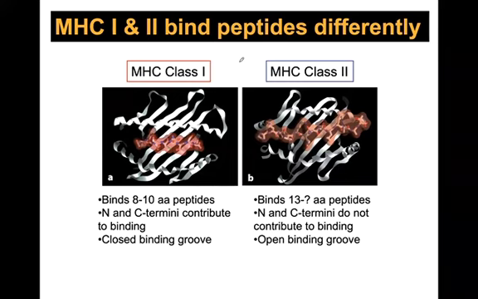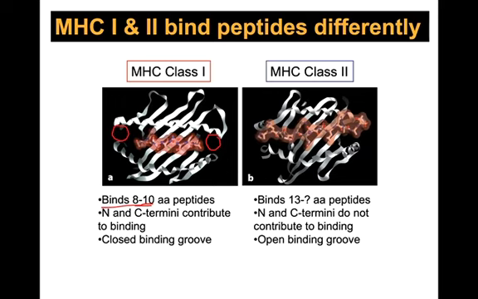There's a slight difference between class 1 and class 2, and we'll talk more about class 2 in the next lecture. But essentially, for MHC1, it is a very limited length of a peptide, typically between 8 and 10 amino acids. There's a few examples that are a little longer or a little shorter, but in general, they're short peptides. And that's because the ends of the peptide are closed, or the ends of that MHC binding groove are closed, meaning the peptide can't stretch beyond that.